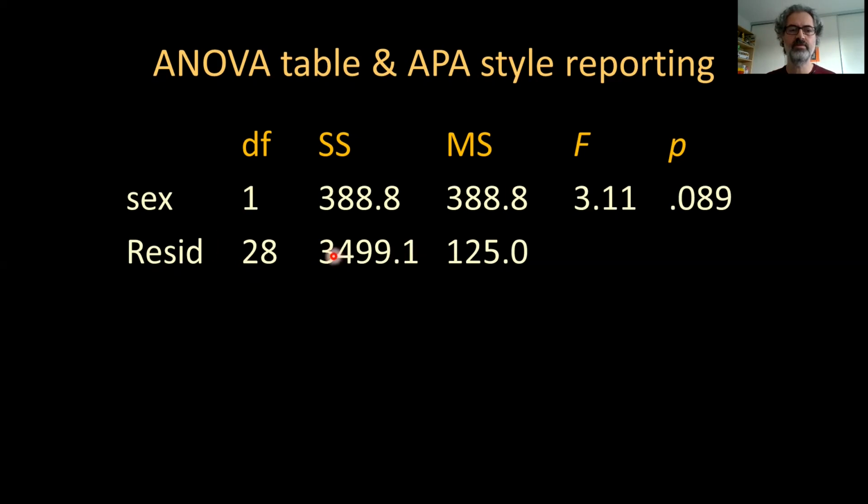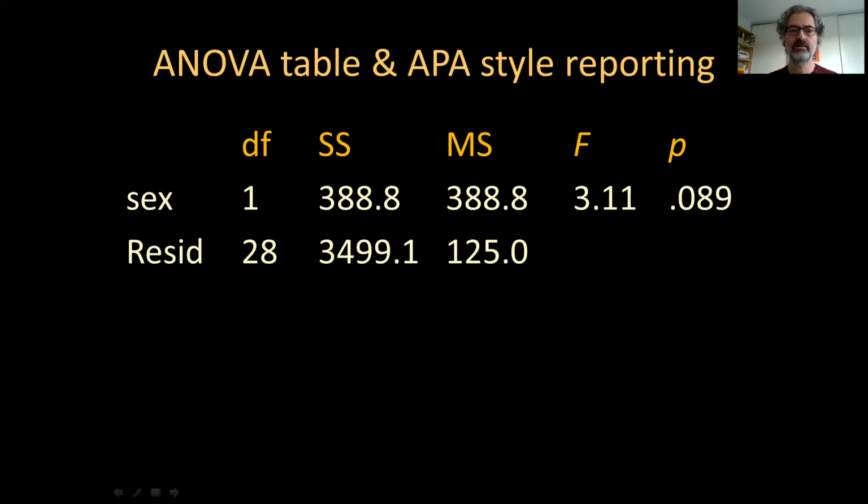The sum of squares within, the mean squares within, which is the sum divided by the degrees of freedom, and then the F statistic for this test, which is given by dividing this mean square value by this mean square value. The F statistic is then combined with the degrees of freedom to look up the p-value.